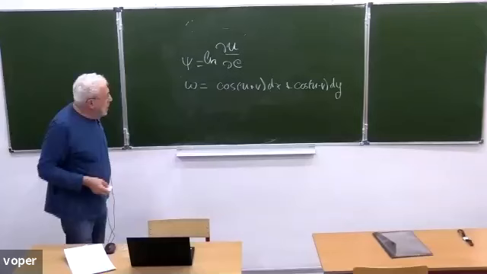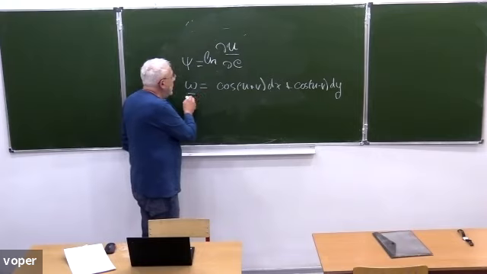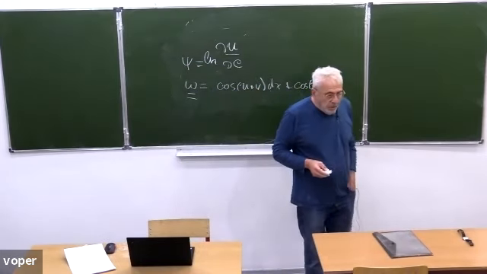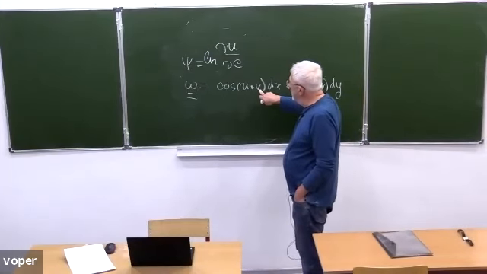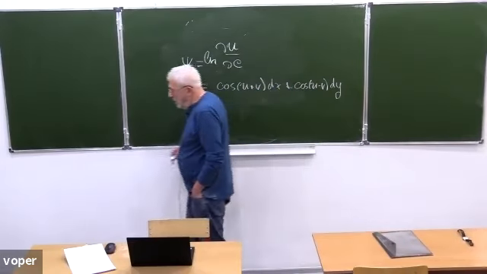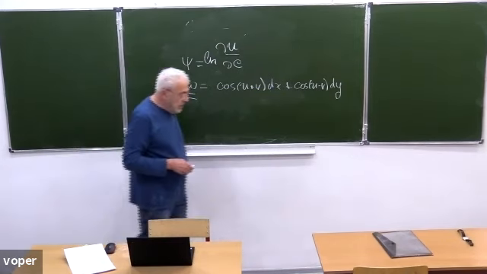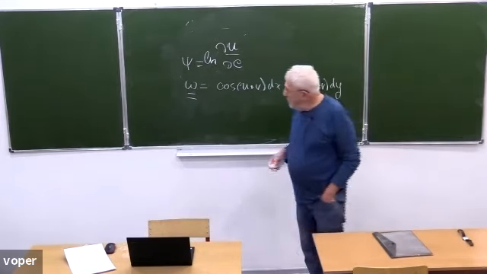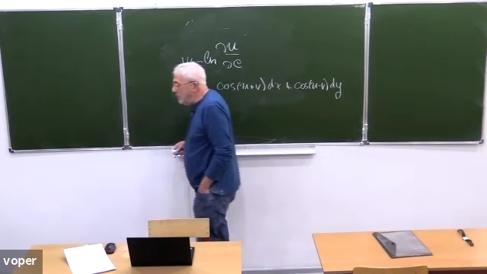This means that, speaking modern language, this form is a non-local conservation law for the Sine-Gordon equation. For example, if V satisfies the Sine-Gordon equation and U is found by means of the Backlund transformation, then U is a non-local variable, and this is a conservation law that depends on this non-local variable U, or vice versa on V.